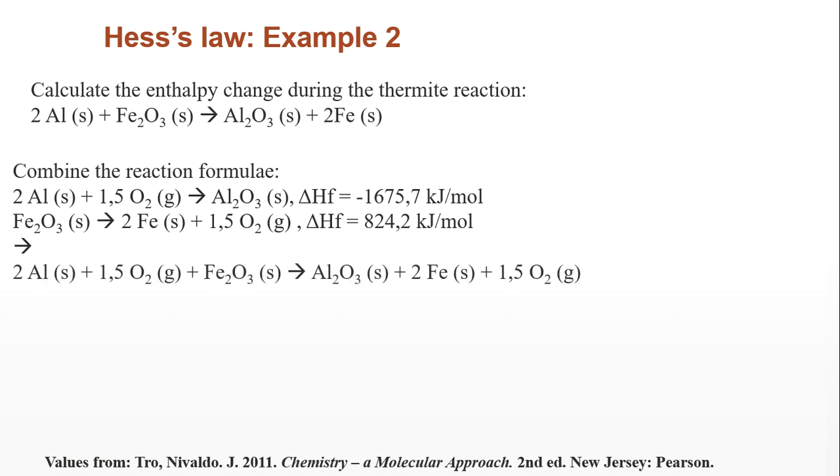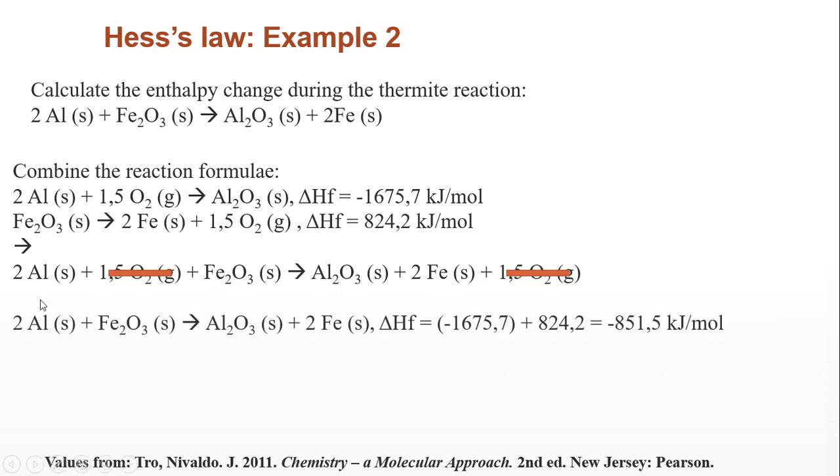So we take and write up all the reactants before the arrow, so the aluminium, the oxygen molecules, and the iron 3 oxide. We make an arrow, then we take all of the products and write them on the product side. And what do we get? Well, first and foremost, we have oxygen molecules in equal amounts on both sides, so they can be cancelled out.